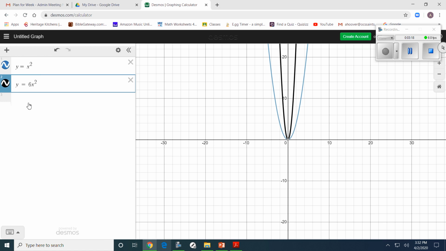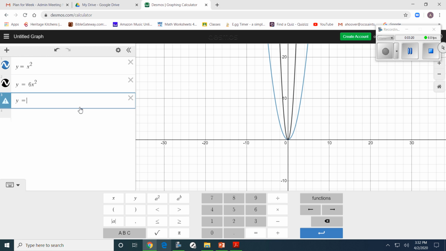If we try another one and we say y equals, and let's do a decimal, 0.05x squared, you will see that this is a very small number, small coefficient, but look how wide the parabola is. And you could just play with this and plug in some different numbers.